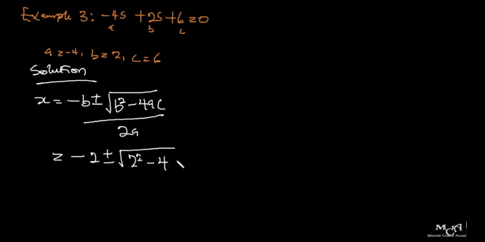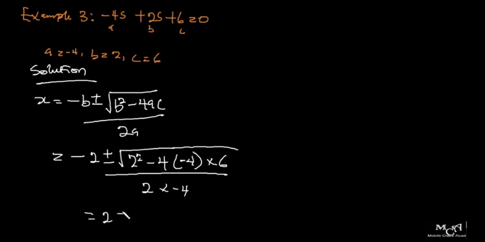What's my a? My a is minus 4. Minus 4 times minus 4 times, what's my c? 6. All over what? All over 2 times a. 2 times minus 4. So we have 2 raised to power 2, which is 4, right?